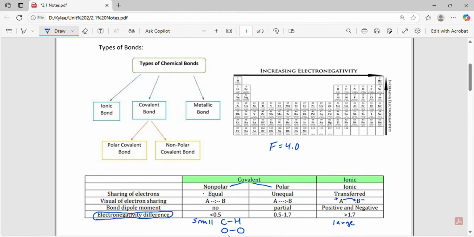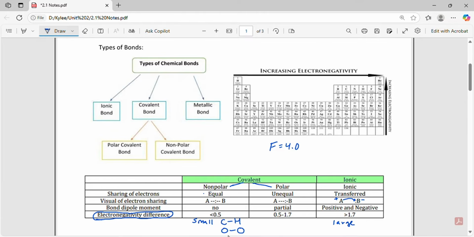No one wins. Then in the middle, we have this in-between area where it's not big like an ionic bond, and it's definitely not small like a nonpolar. And that's where our polar bonds live. This is going to be an electronegativity difference from 0.5 to 1.7.